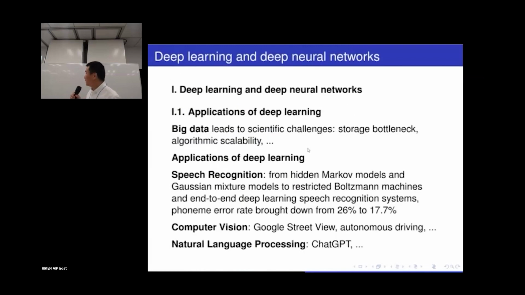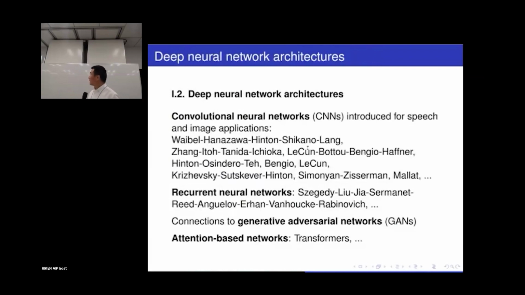We all know the powerful applications of deep learning in speech recognition, image, computer vision, and natural language processing. So I don't have to say this again, but let me mention that most of the time, to deal with big data, neural networks often have structures.